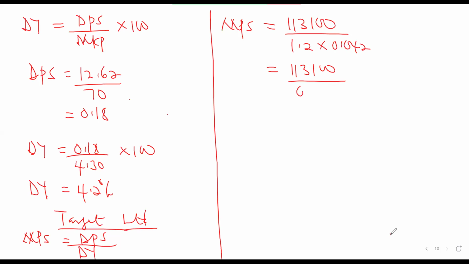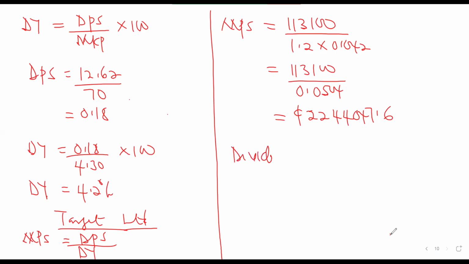I'm having 0.0504. Is that correct? And this is our market value, 224404.76. Okay.